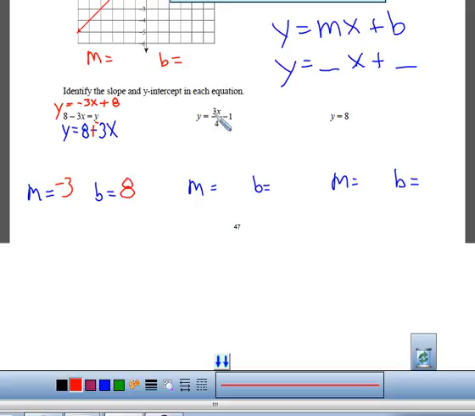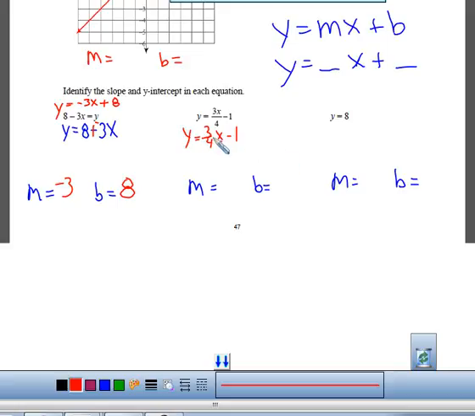This one, now some of you might be saying, well wait a second, what do I do? I've got 3 times x over 4. Well, that's the same as saying 3/4 x minus 1. Why is that? Well, remember, x is the same as x over 1. Now, I'm not going to leave it like that because that looks kind of confusing.